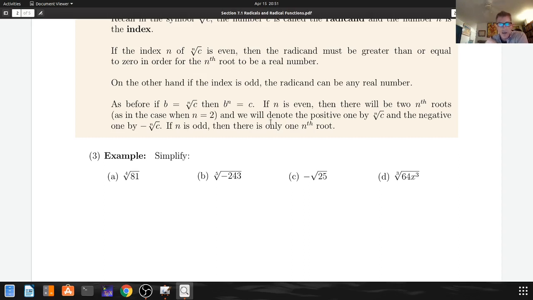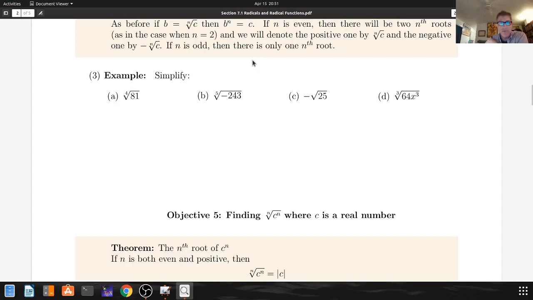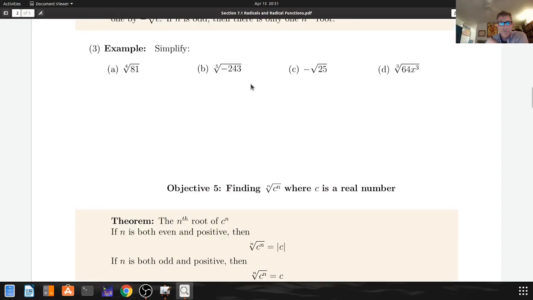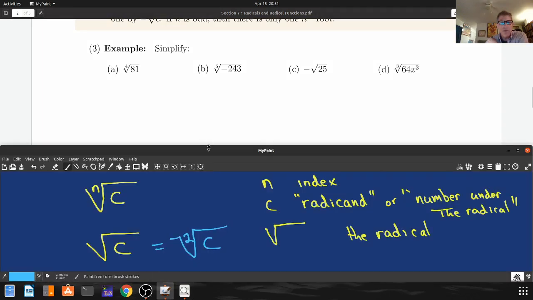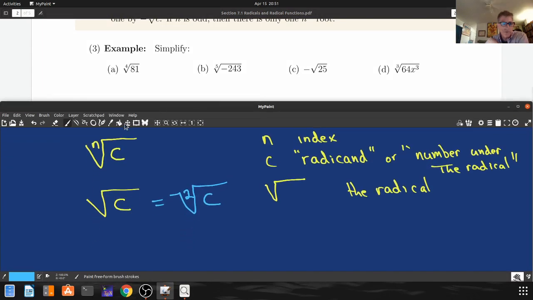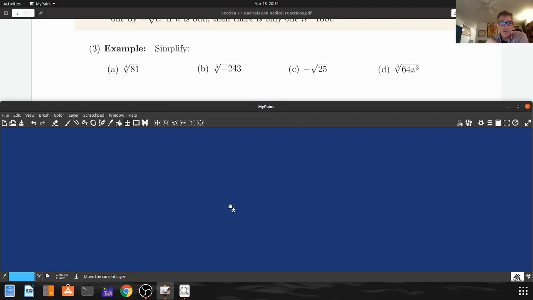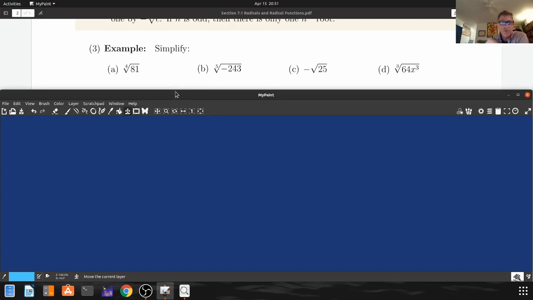If n is odd, there is only 1 nth root. So we're going to use all of that information. All you have to do is remember the case of square roots and cube roots. Square roots is 2, so that means even index, and cube roots is 3, so that means odd index. And then just generalize from that.